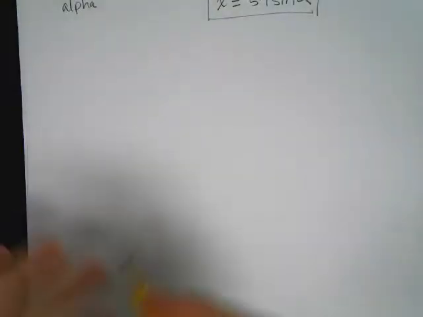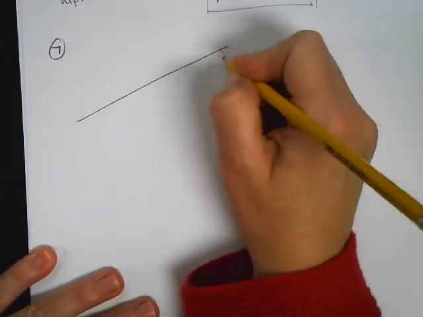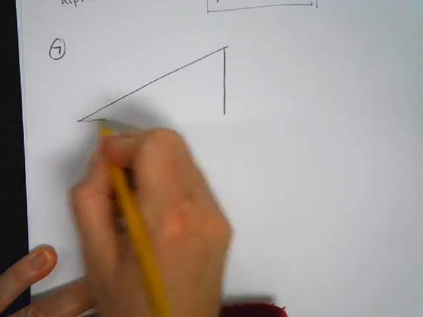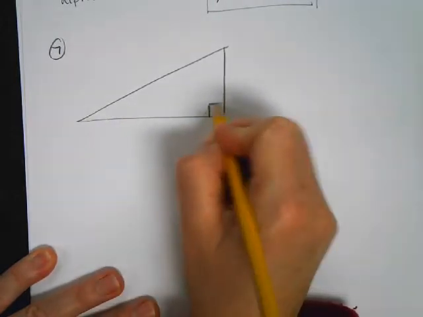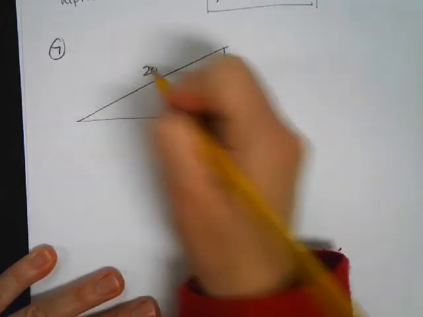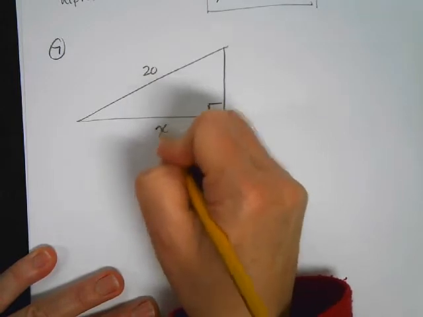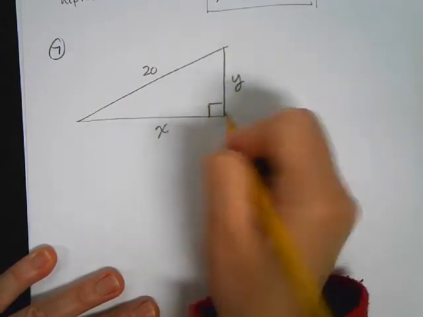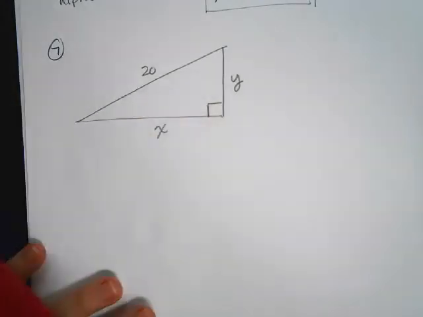For number 7, I also forgot the right angle, so let's add that to the diagram. And we are solving for x and y here, so we are going to use our calculators. Grab the calculator.